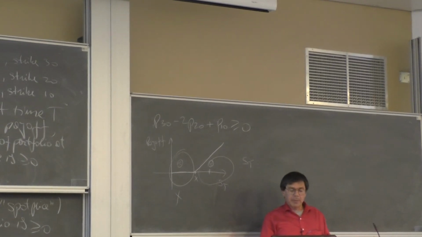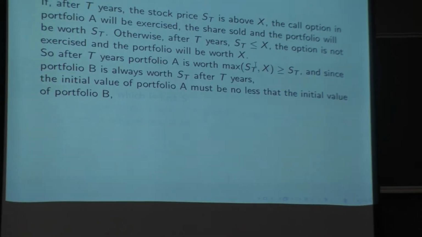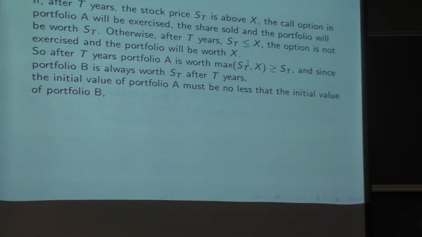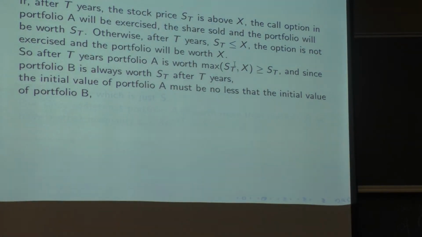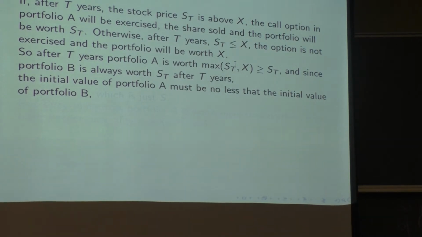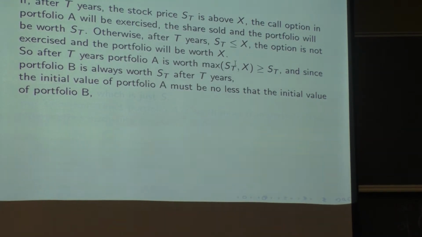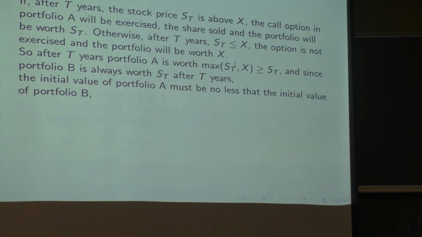But now let's remember what we had in portfolio B. Portfolio B had 1 unit of the underlying asset. How much is 1 unit of the underlying asset worth at time t? It starts with an S. I'm holding in my hand the underlying asset of these options, and I get to expiration time t.